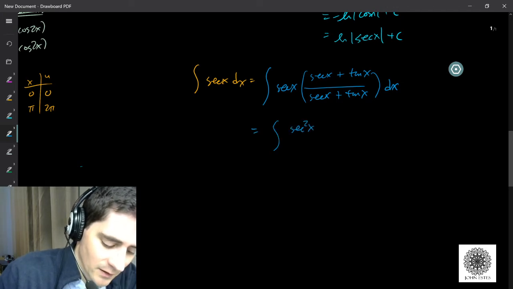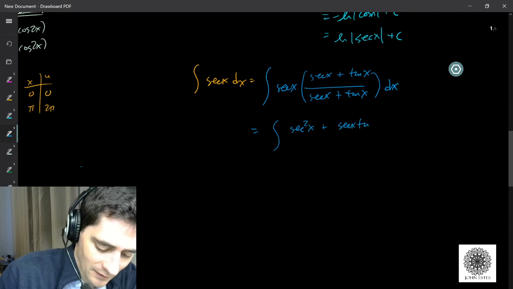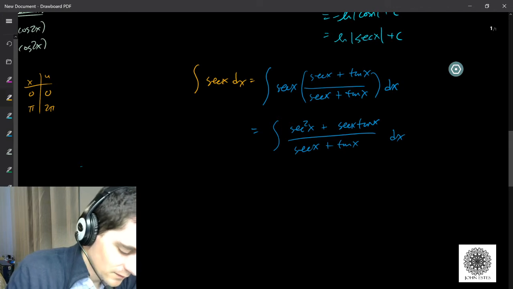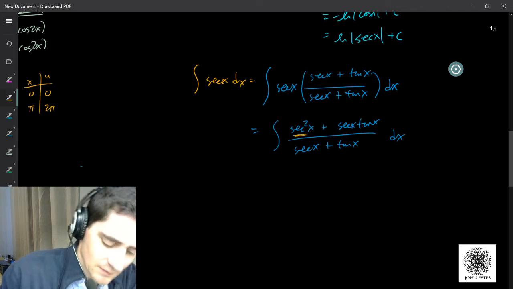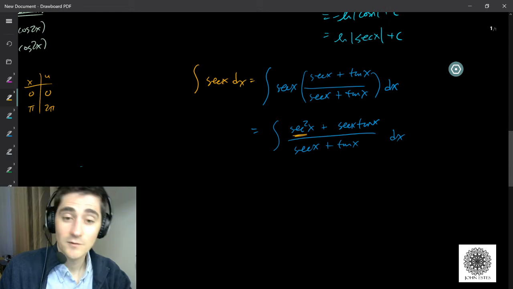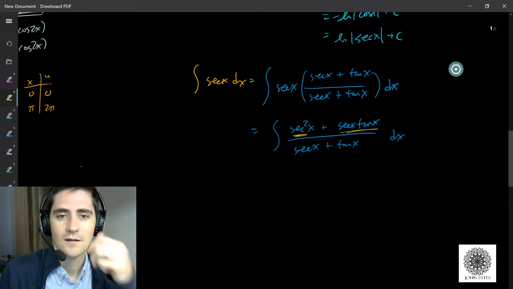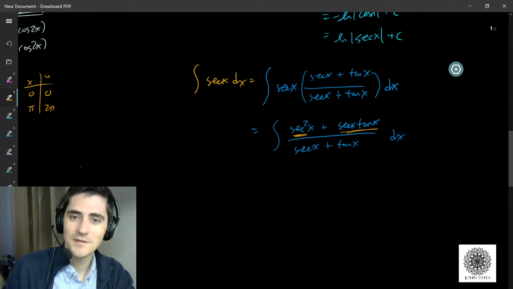I get secant squared x plus secant x tan x over secant x plus tangent x. Now, don't these two expressions look familiar? Secant squared is the derivative of tangent, and secant tangent is the derivative of secant.